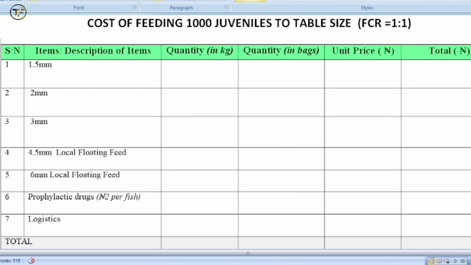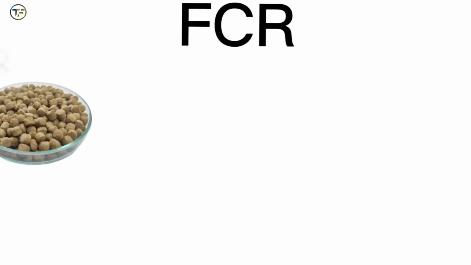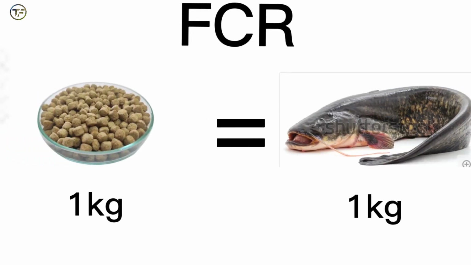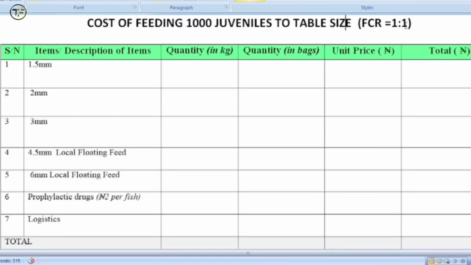All right, so as we all know, the FCR of catfish is 1:1. That is, you're going to need 1 kg of feed to raise a fish to 1 kg body weight. Meaning, before you can get 1 kg body weight in flesh, you should have fed your fishes with 1 kg quantity of feed.